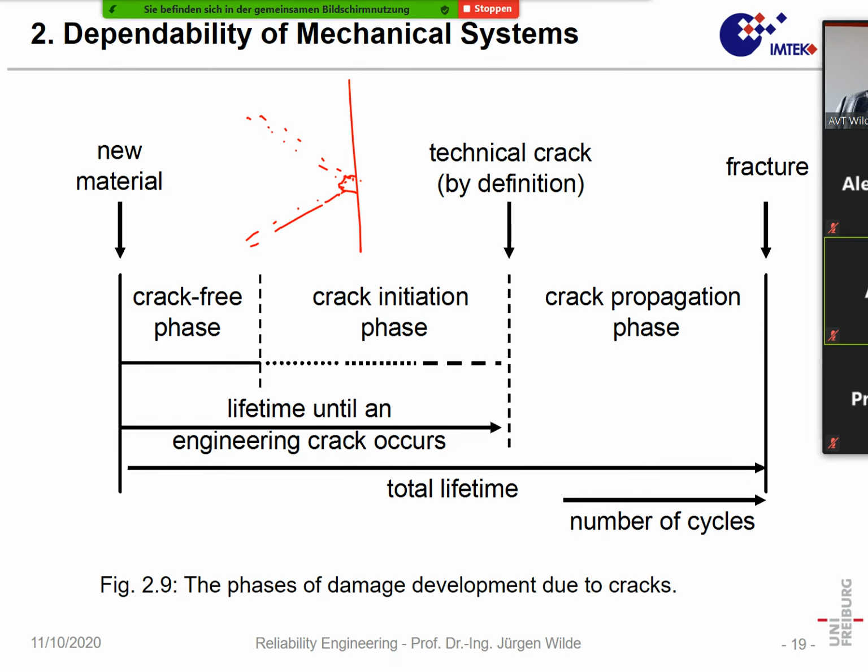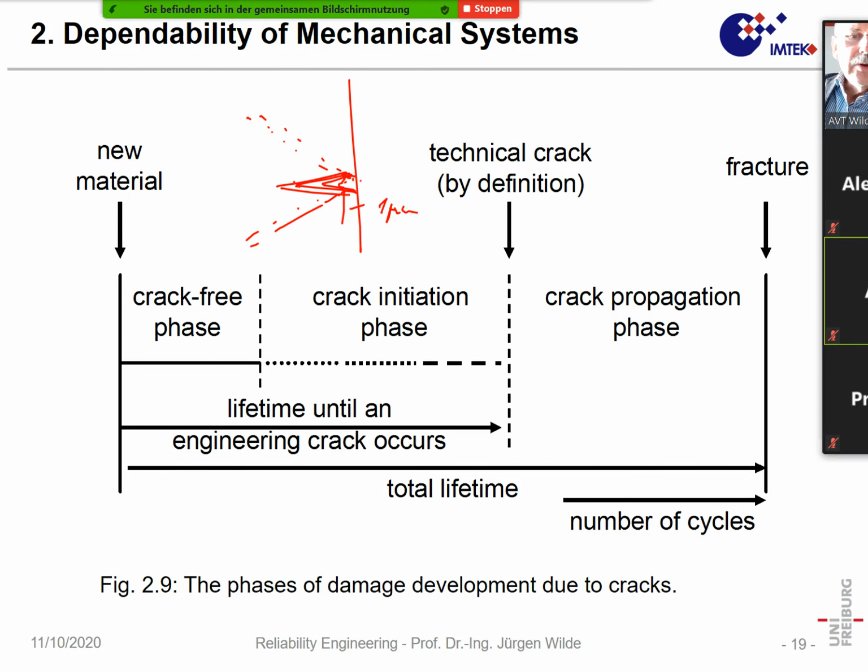And we have seen that even a very small crack in a brittle material decreases strength significantly. So after a certain phase, we have a very small crack, let's say in the 1 micrometer range or so. You can even see it when you have a polished sample. It suddenly gets a little rougher. And then we have the crack propagation phase. And here a crack will grow.